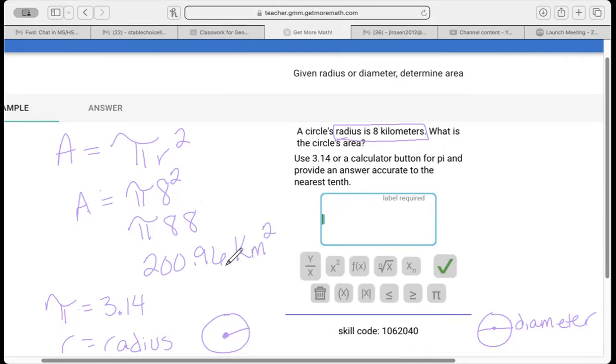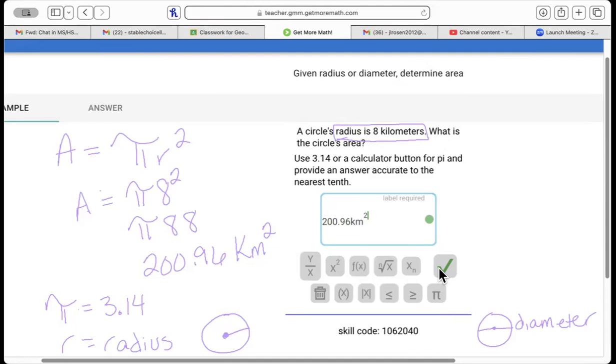Okay. So if I were to figure out how many bags of mulch I would need for my circular garden, I would have to be able to say, okay, well, the bags cover how many kilometers squared, and then figure out how many is going to work for what I need. So I'm going to come in here and just put in 200.96. It says label required. So km and then the squared button right here.